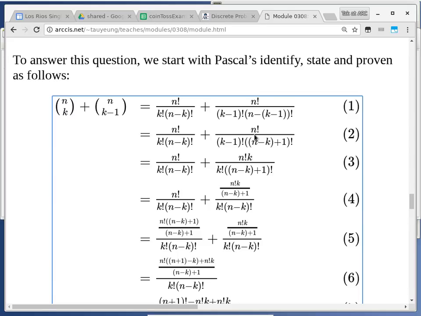I just use a rule of association. I changed the order a little bit. So instead of n minus k minus 1 as a whole thing, I group n minus k as one whole thing, and then plus 1 because it's a negation and a negation, so that's why it's a plus 1. Is that okay? From the second row to the third row, what did I do in that case?